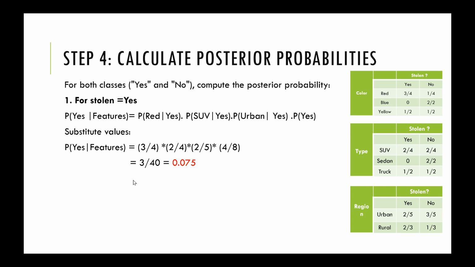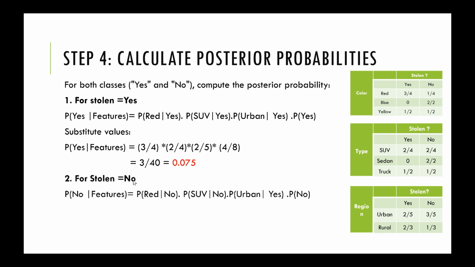In the same way, we calculate for stolen equal to No. The probability of No given the features equals the probability of red given No, SUV given No, urban given No, and the probability of No. These values are: red given No is 1 by 4, SUV is 2 by 4, urban is 3 by 5, and the probability of No is 4 by 8.